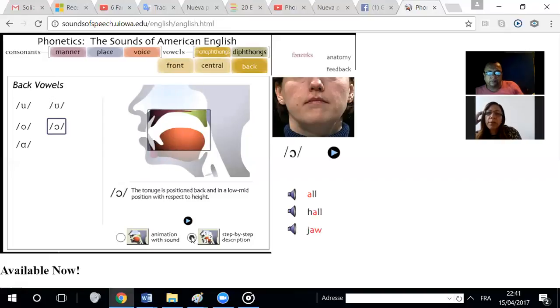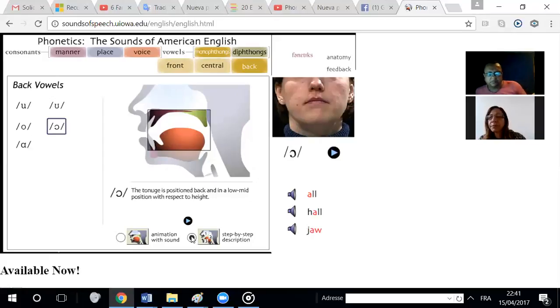The tongue is positioned. Patricia, don't say ha.